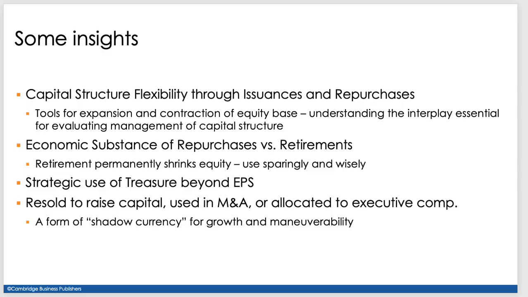There is a strategic use of treasury that goes beyond earnings per share. You can take treasury and resell it to raise capital. You can use it for mergers and acquisitions. You can allocate it to executive compensation. It is, in a sense, a form of shadow currency that can be used for growth and maneuvering of your capital structure.